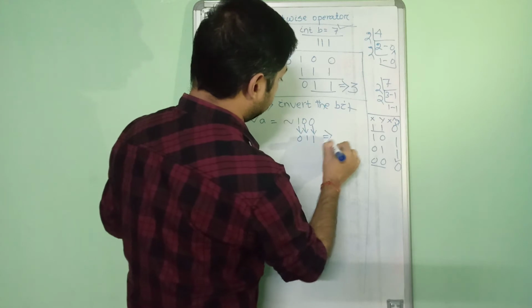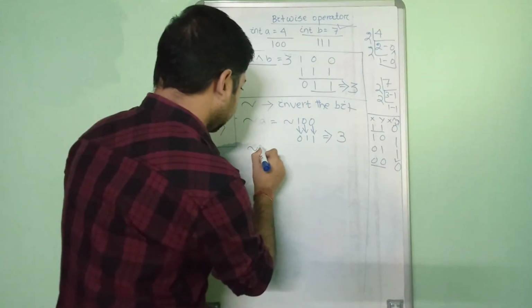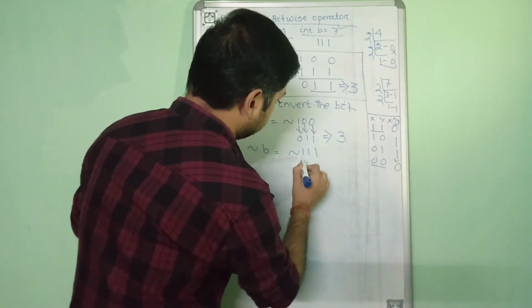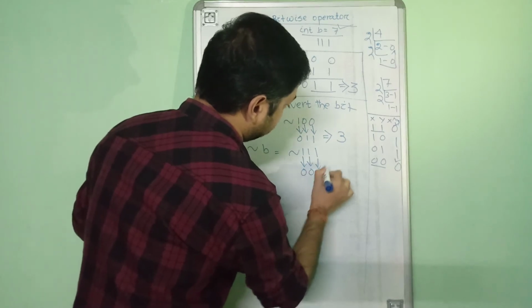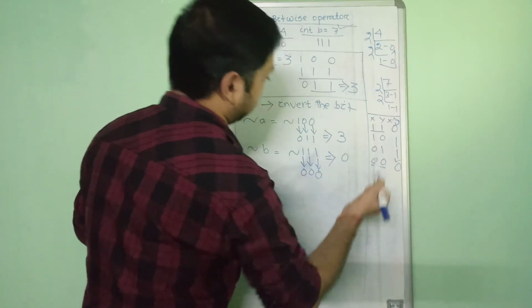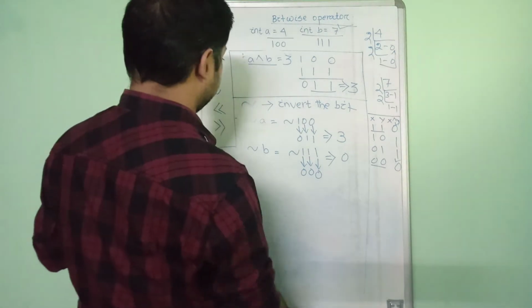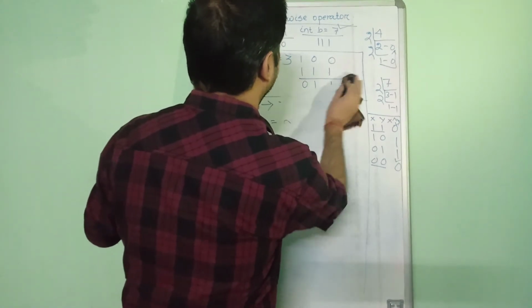That means this is 3. Now the next one, not B. Not B is not 1, 1, 1. That means 1 will be 0, 1 will be 0 and 1 will be 0. So that is 0. So this is simply the XOR and complement operator.